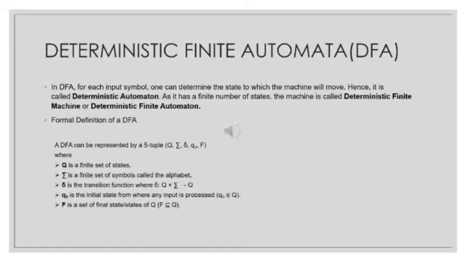Q naught is the initial state from where any input is processed. F is a set of final states. A DFA can have one or more final states, so it can have a final state or final states.